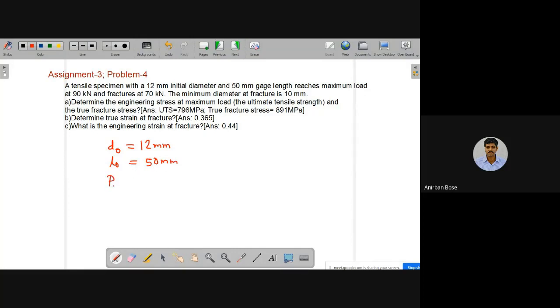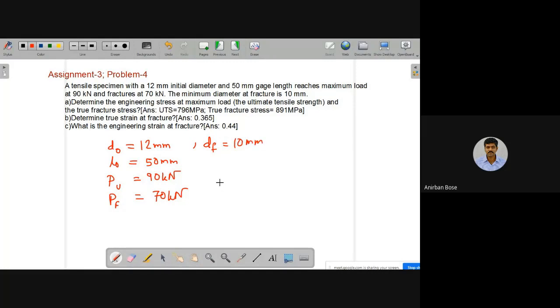So P max, that is corresponding to the ultimate point. Okay, so P max is corresponding to ultimate point. So better you write that symbol, the load corresponding to ultimate point is 90 kilonewton. And it fractures at P corresponding to fracture, which is 70 kilonewton. Okay, and the minimum diameter at the fracture is also given, df is equal to 10 millimeter.